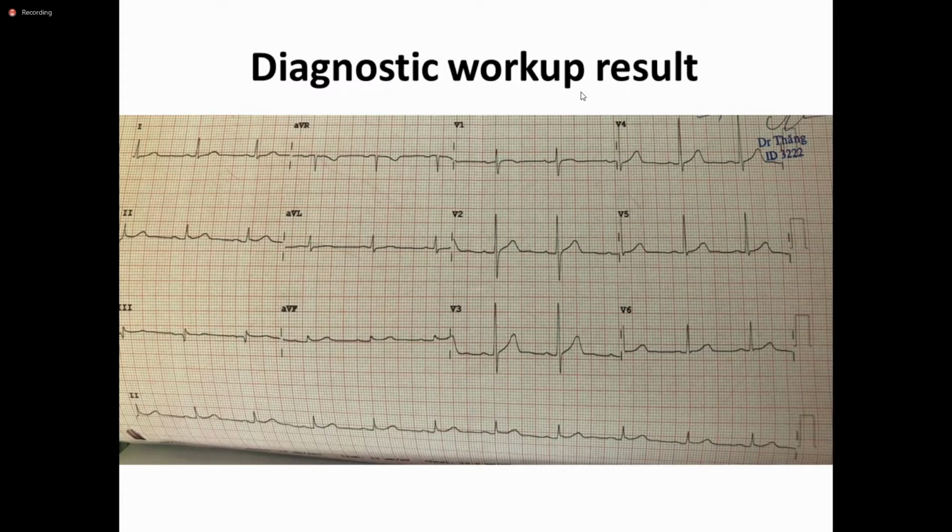In V1, you can look at the R-S ratio. Normally in V1 in normal people, the R wave is very small or tiny. But when you look at V1 here, the R wave is large and maybe equal to the S wave.